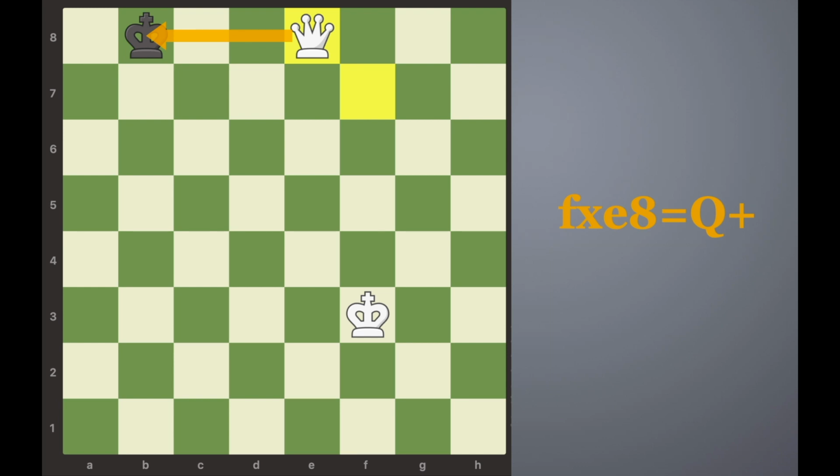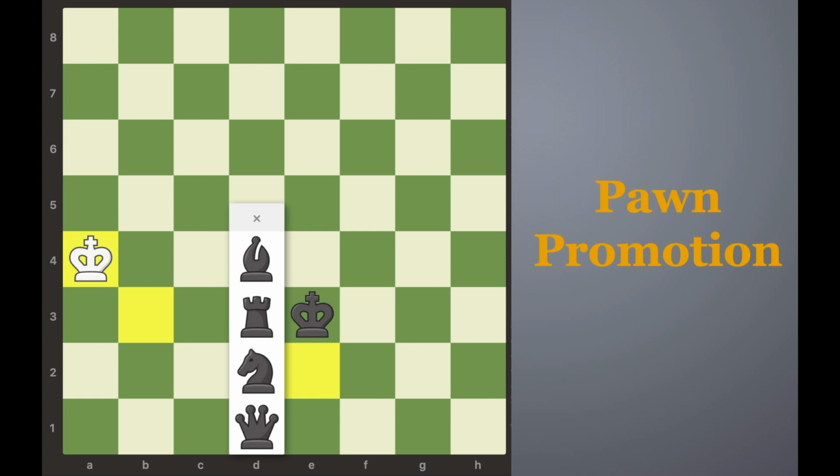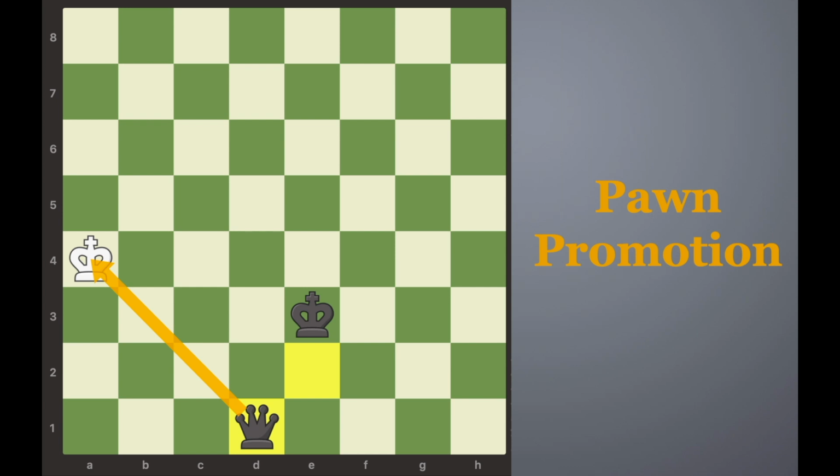Similarly, let me show one more example for black pawn promoting on first rank. The black pawn on e2 can capture the white rook on d1 and promote the pawn to either queen, knight, rook or bishop. So let's promote to queen. Now you see there is a check to the king.